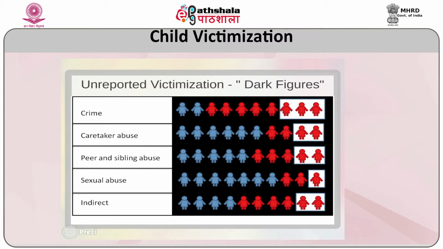So in this figure you can see the ones in blue. The blue ones are the ones that were not victimized. The red figures show the children who were victimized, and the red figures with the white background showed the ones who had reported. So we can clearly see how low the reporting percentage is among children.